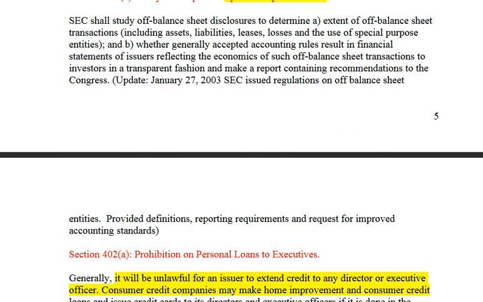The SEC shall study balance sheet disclosure to determine the extent of off-balance sheet transactions, which include assets, liabilities, leases, losses, and the use of special purpose entities, and whether generally accepted accounting rules result in financial statements of issuers reflecting the economics of such off-balance sheet transactions. Investors in the transaction, transparency, reflection, and make a report containing recommendations to Congress.